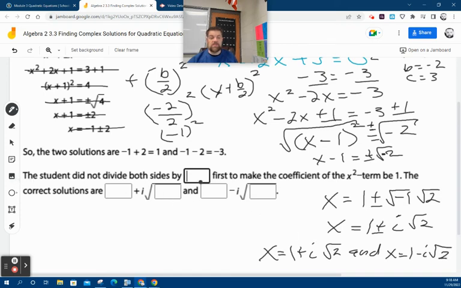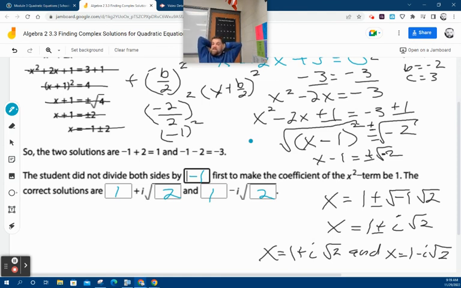So it says the student did not divide by negative 1. Let me put that in a different color. They did not divide by negative 1 to make the coefficient of x squared be 1. The correct solutions are 1 plus I square root of 2 and 1 minus I square root of 2. Now, when you go to do this, it might assign different numbers to you guys. So the process is the same.